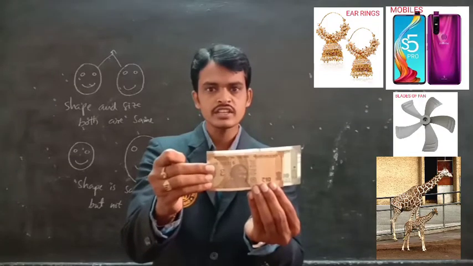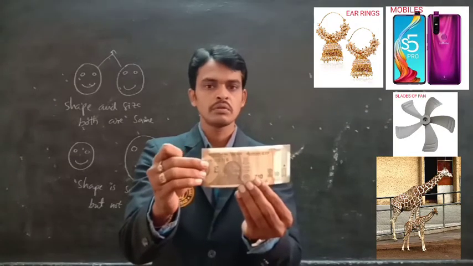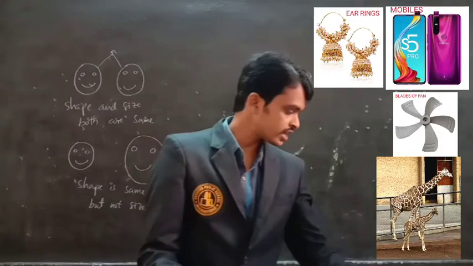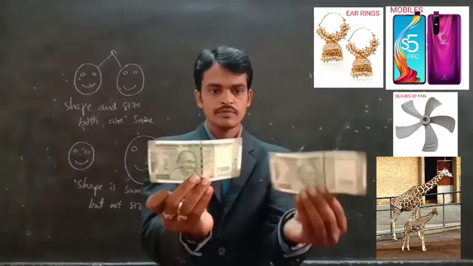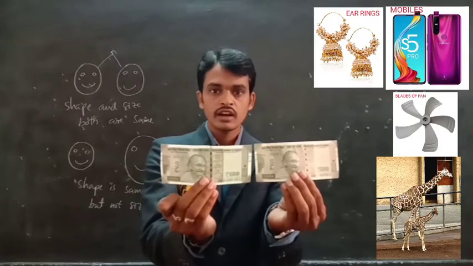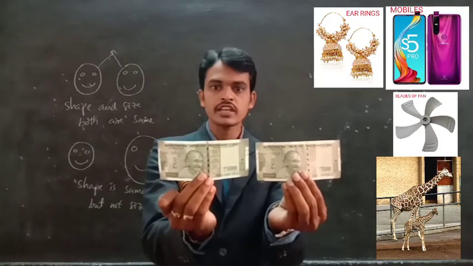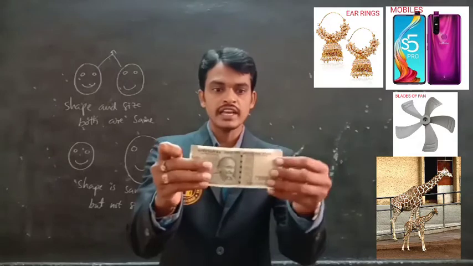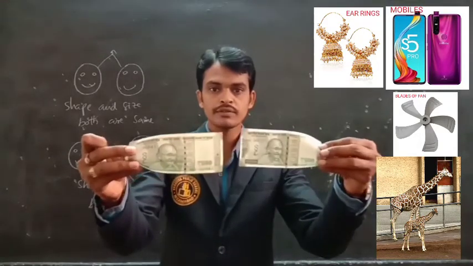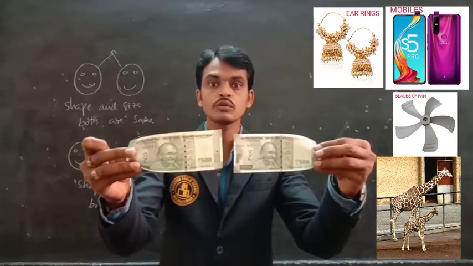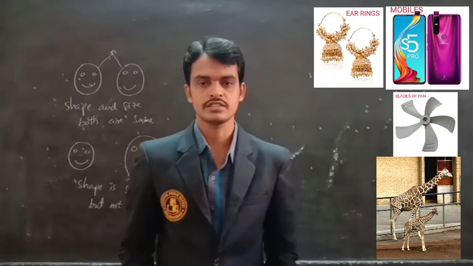Are they the same size? No. So let us take one more 500 rupees note. See, the shapes are the same and the sizes are also the same. So these types of figures are congruent figures.